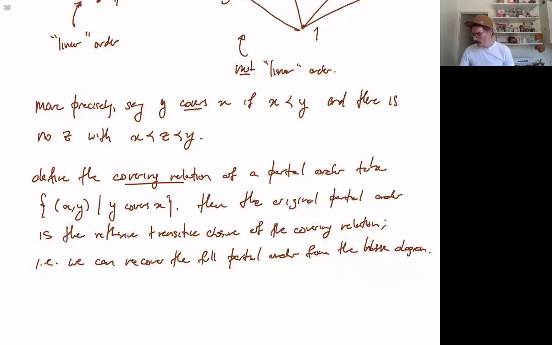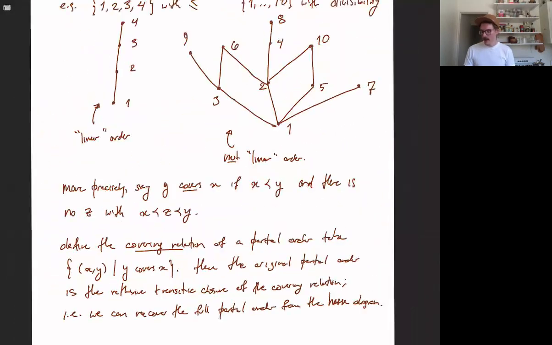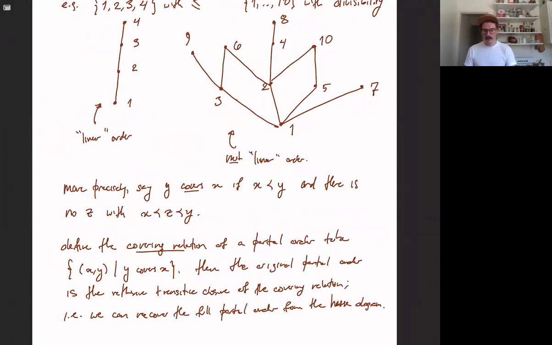So again, essentially what this is saying is that the Hasse diagram is what we get when we draw a picture of this partial order with only the covering relations. So we're drawing a picture essentially of the covering relation.